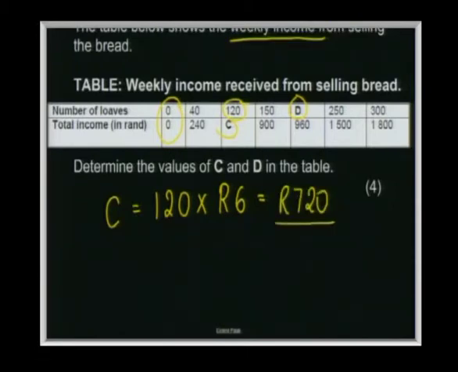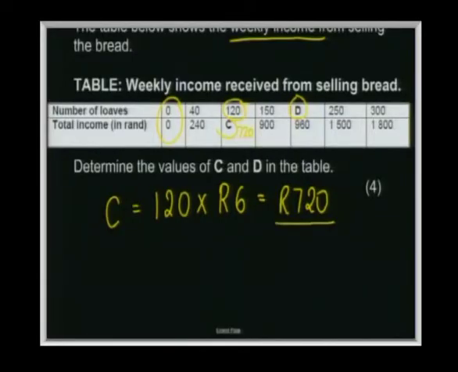So if I sold 120 loaves of bread, I will make 720 Rand. Now to go on to find the number of loaves for D. So we're going to find out what this D value is. I know that the total income for this one is 960 Rand.